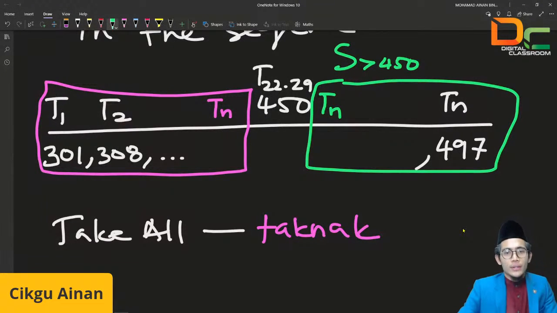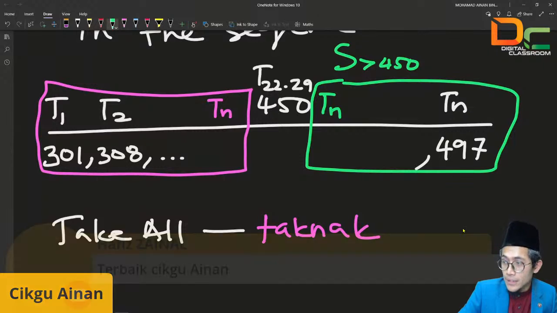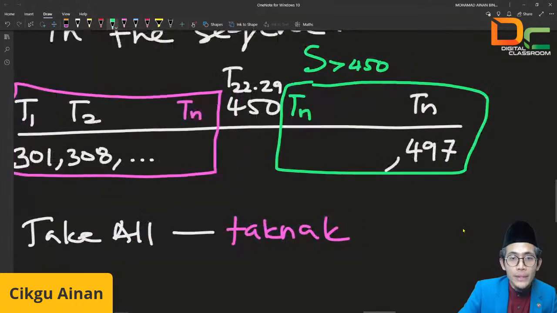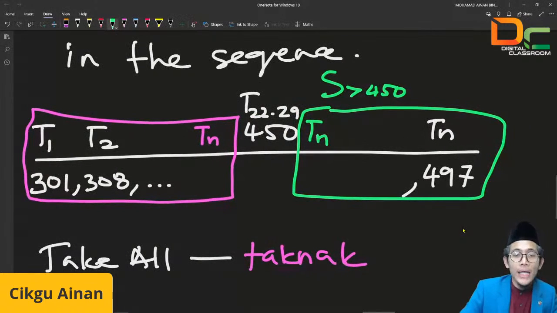Now we know the pink Tn, left hand side of 450, is the number that is divisible by 7. Anyone in the audience can tell me what is this number? Tolong cari nombor ni untuk saya.